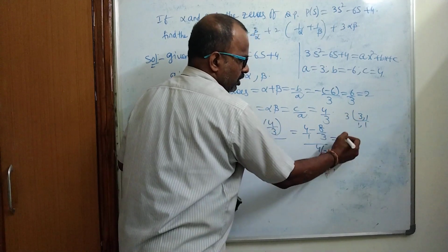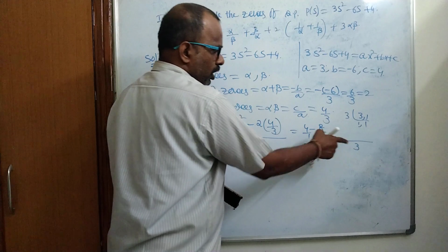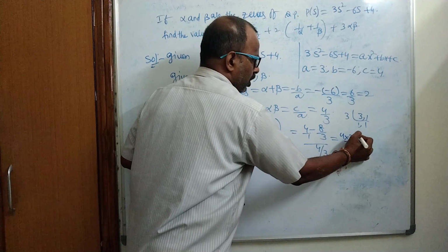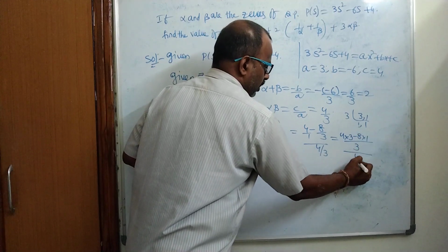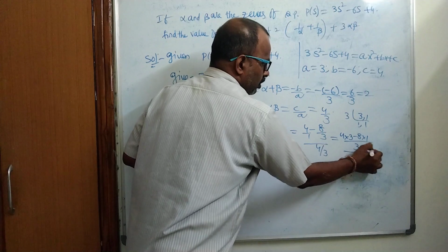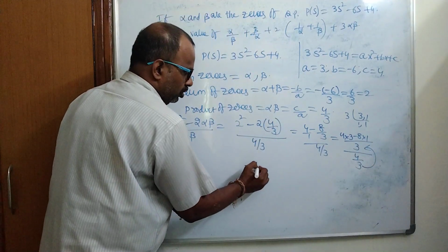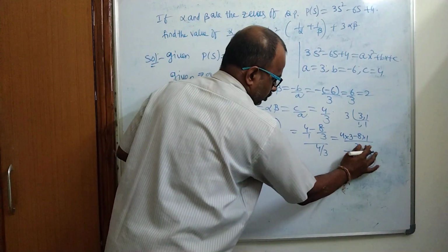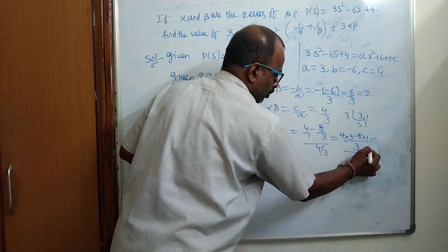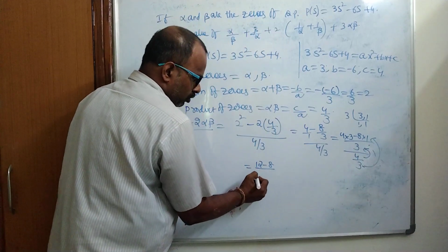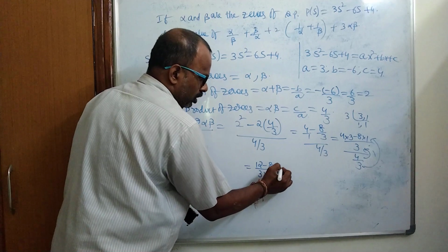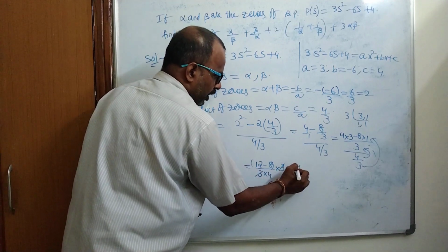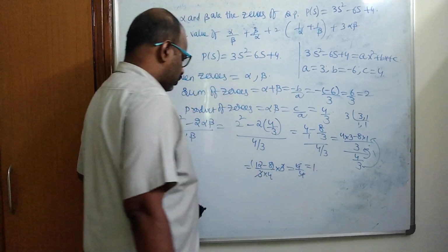So 4 into 3 minus 8 into 1, by 4 by 3. 4 threes are 12 minus 8, by 3, and we take the 3 to the numerator and 4 to the denominator, so 3 into 4 over 3. The 3 and 3 cancel, 12 minus 8 is 4, and 4 by 4 is 1.